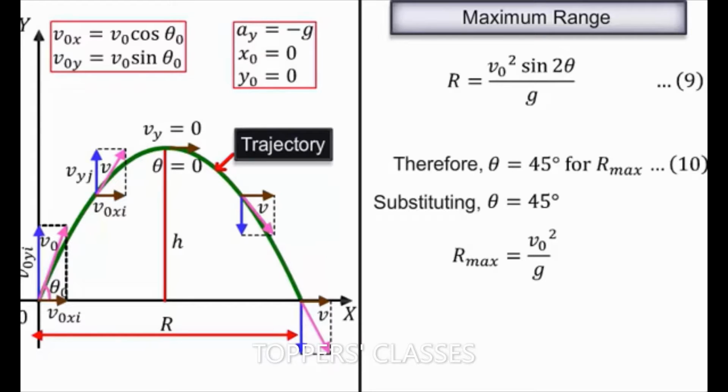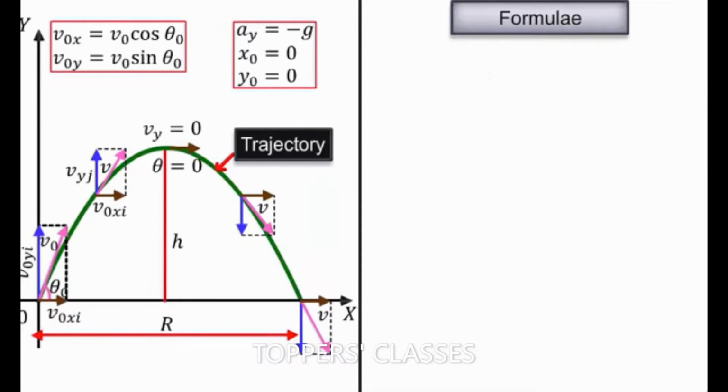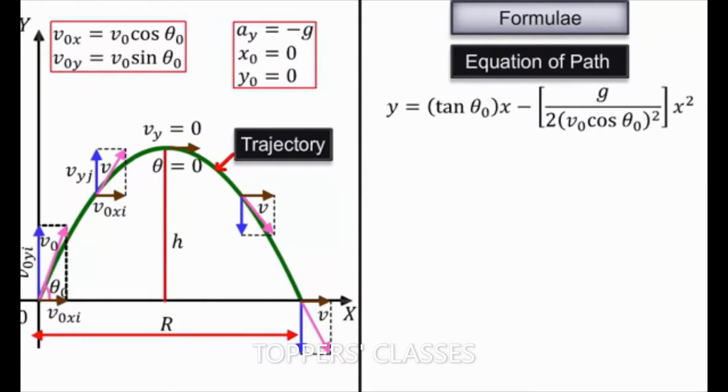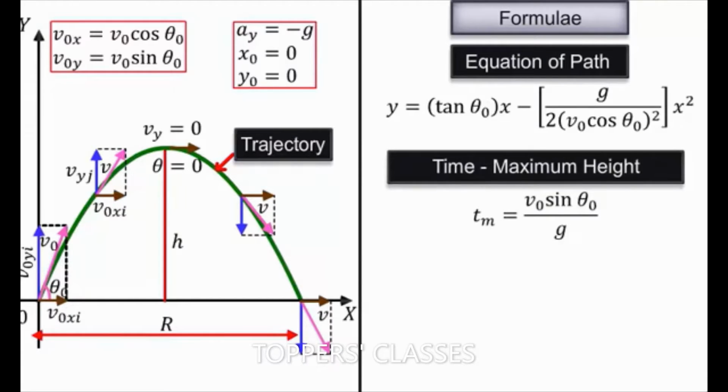The equation of the path for the projectile: y is equal to tan theta 0 into x minus g divided by 2 into V0 cos theta 0 square into x square. Time taken for the projectile to attain maximum height: Tm is equal to V0 sine theta 0 by g. The time of flight of the projectile: Tf is equal to 2V0 sine theta 0 by g.